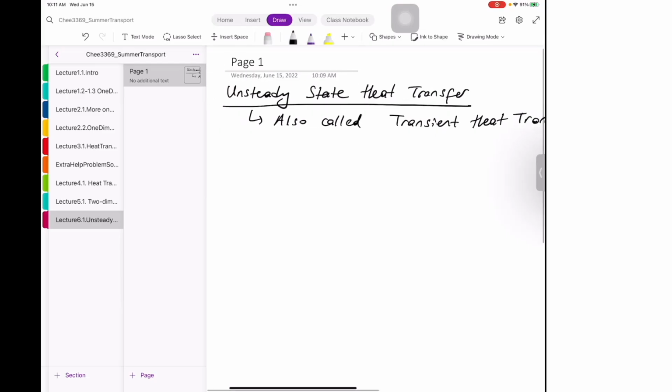It means that the conditions or the system evolve with time. The system changes with time. Okay.